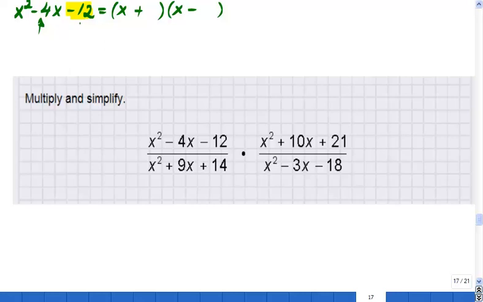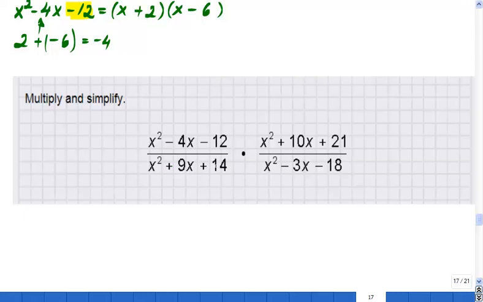Well, the one I'm seeing here will be 2 and negative 6, right? 2 times negative 6 is negative 12. We're good. 2 plus negative 6 equals negative 4, and we've got it. The factors of x squared minus 4x minus 12 will be x plus 2 times x minus 6. Okay? Moving on.